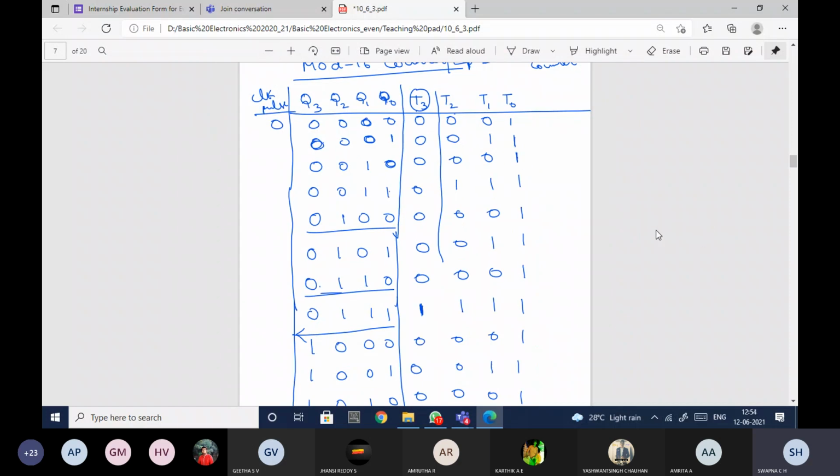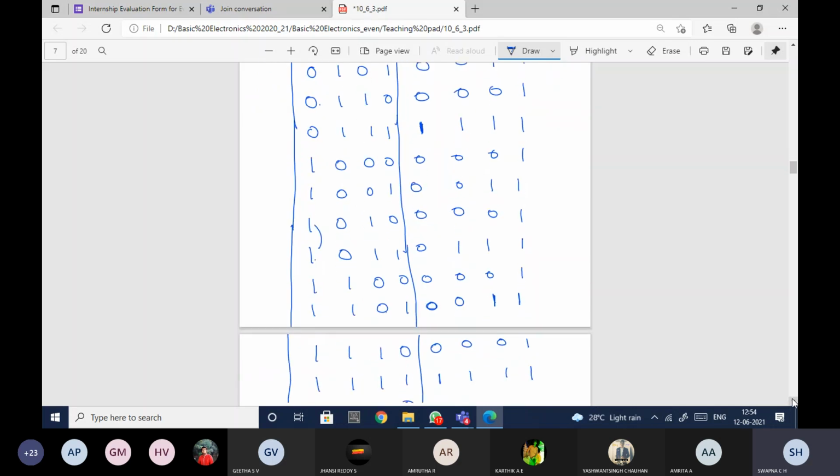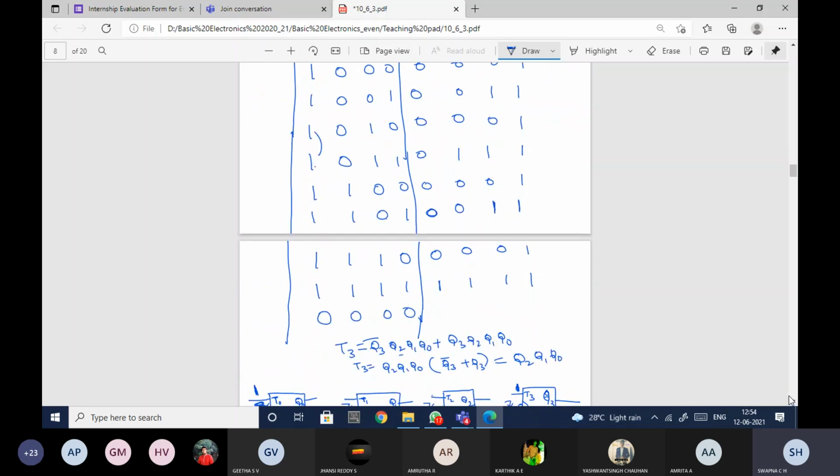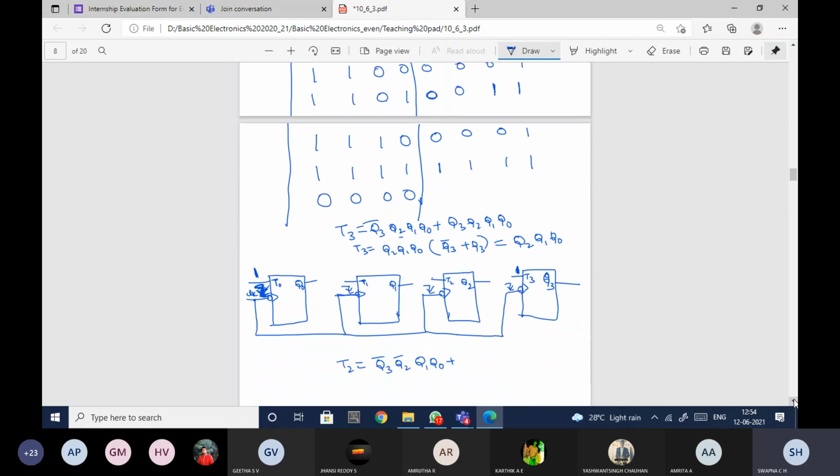Yes, ma'am. Quickly write the table. Those who want to copy the table, you can copy. Otherwise you can just leave it. I will only give you the equations. Don't worry. Try to fill the table on your own, only then you'll understand where exactly you're going wrong or whether your understanding is right. Will you write on your own later? Yes, ma'am.